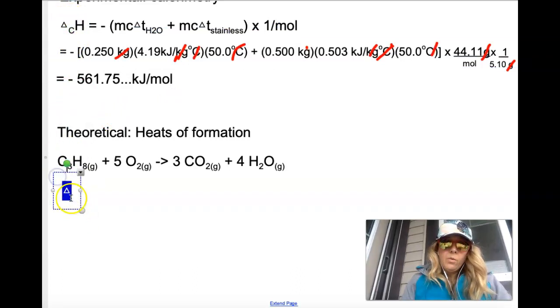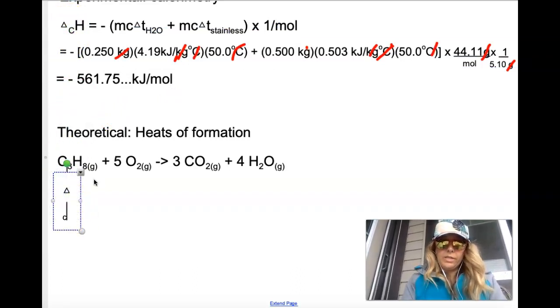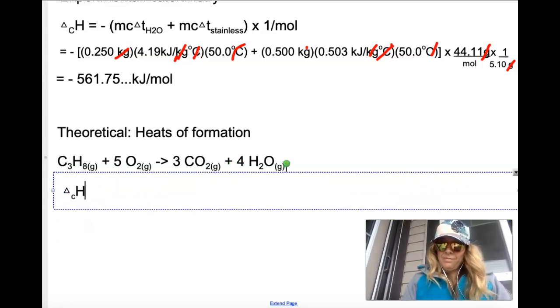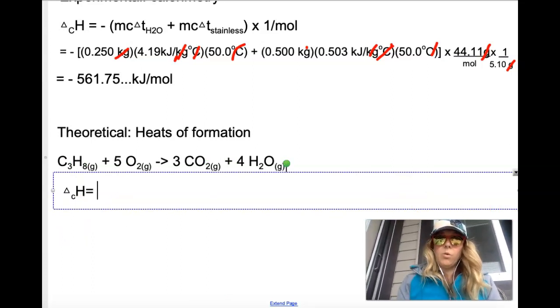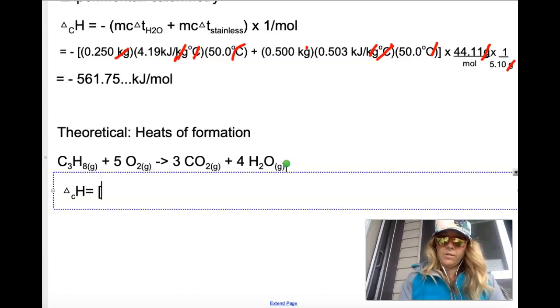Okay, so now we can go and calculate our delta C H for this, right? And we're going to use Hess's law. Remember, Hess's law was the sum of n delta fH naught of the products minus the sum of n delta fH naught of the reactants. So we're going to do the 3 moles of carbon dioxide times negative 393.5 kilojoules per mole.